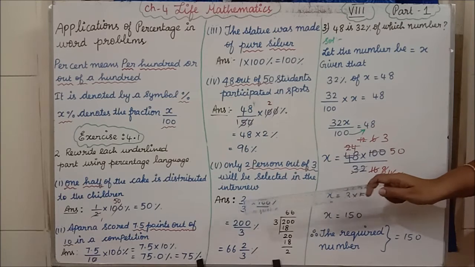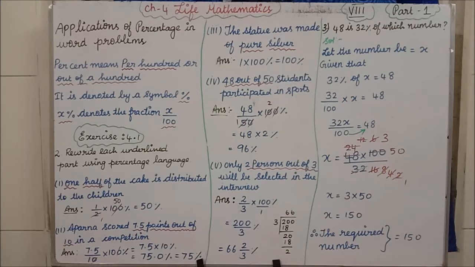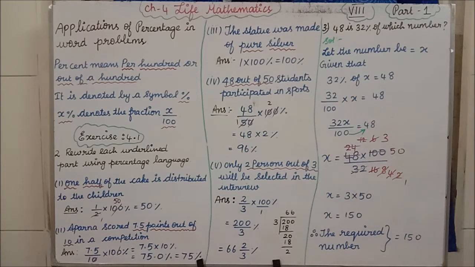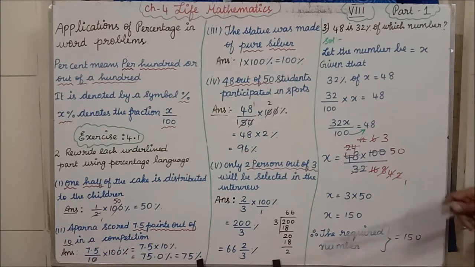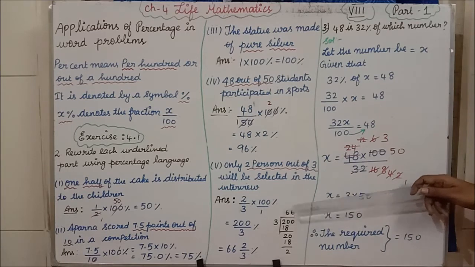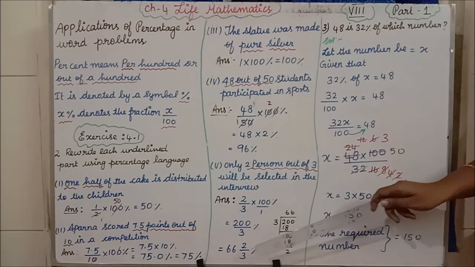So, I am straightly multiplying. 2 into 100 is 200, divided by 3, percentage. When I am dividing 200 by 3, I am getting 6, 3 6s are 18. Remainder is 2. So, we are writing the answer in the mixed fraction, which is 66.